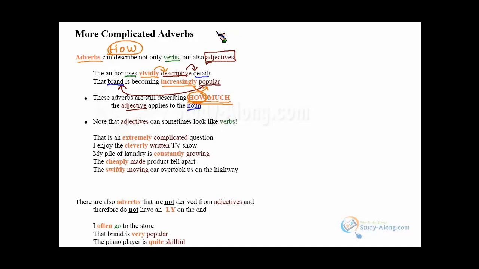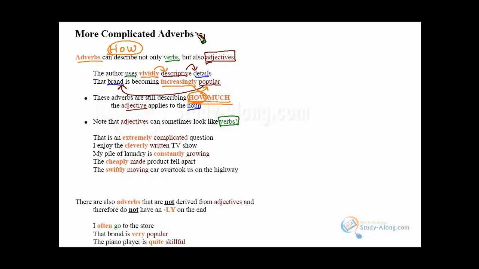And remember, descriptive and popular are two adjectives that don't really look anything like verbs, but there are adjectives that do sometimes look like verbs. Let's look at a couple examples.